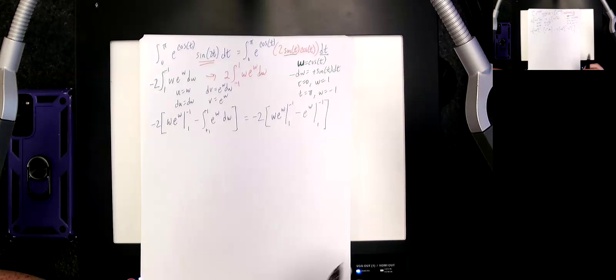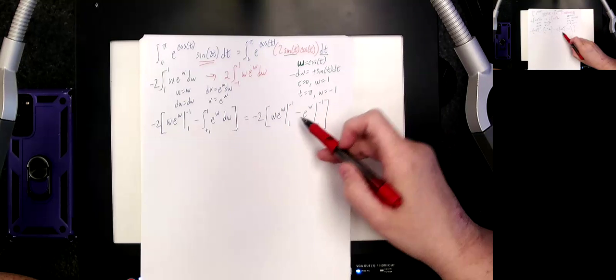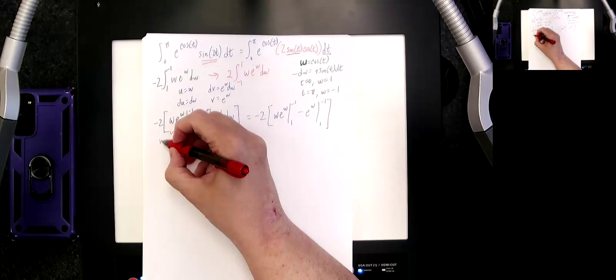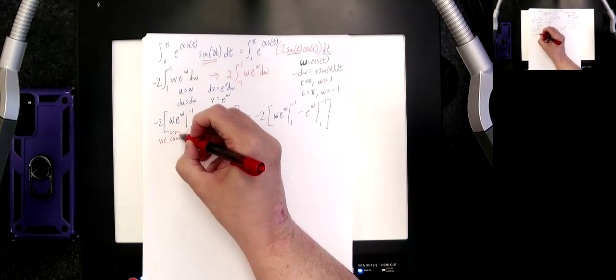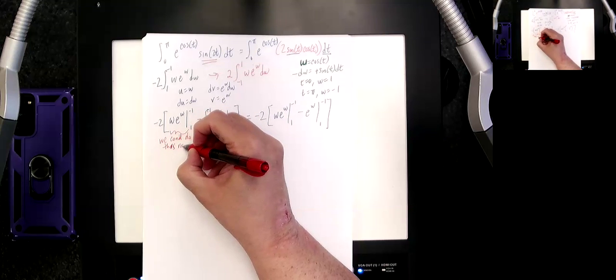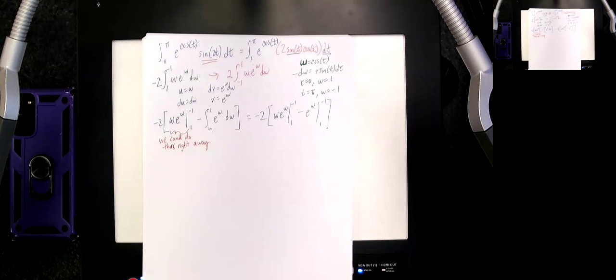Now here I waited, but you don't have to wait to do the 1 and -1. Like we could have evaluated, we could do this right away. And when the problem gets long, sometimes you want it because it makes it so it takes up less space on your paper. But what do we get?